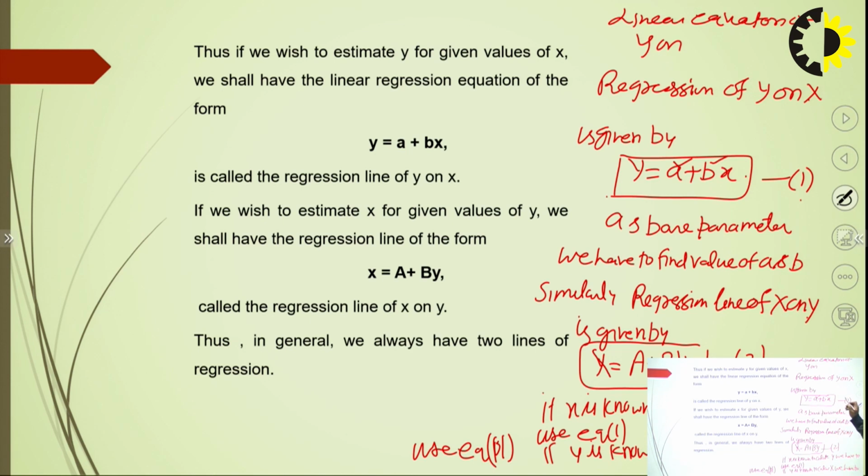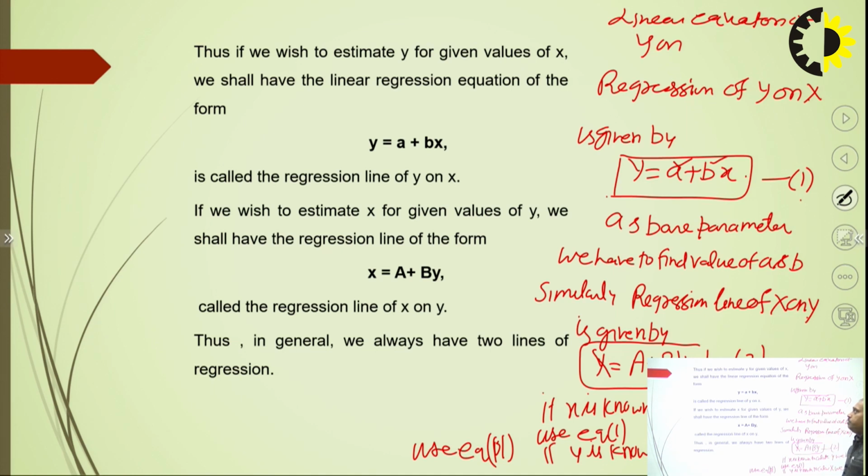That is the equation of line y on x: y is equal to a plus bx. Second is x is equal to a plus by. They are similar equations, but here the value of x is known and we calculate y.